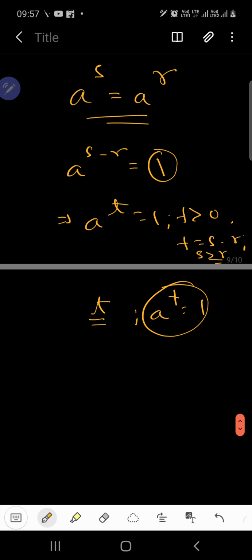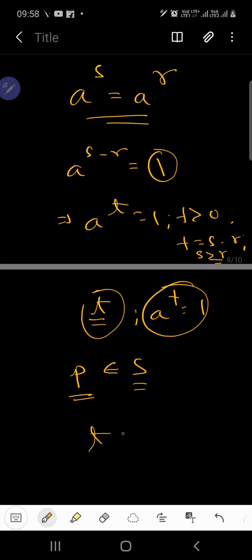Now just consider the fact that if there exists some t such that a to the power t is equal to the identity element, then there must exist some p which belongs to the same set, the set where t belongs. T being an integer, it belongs to some set, and that set will always have, if finite, a least element, and the properties of t as well as the least element of the set are going to be the same.